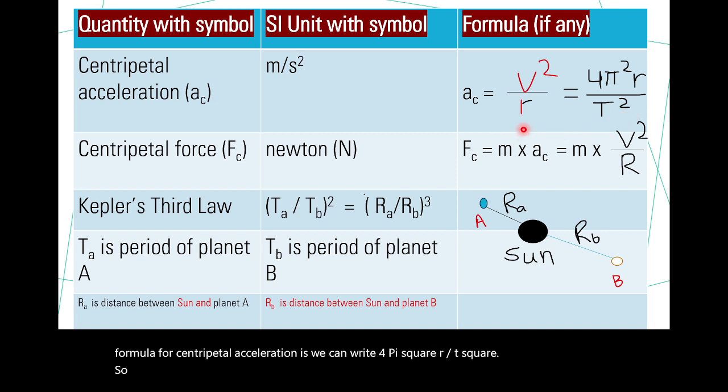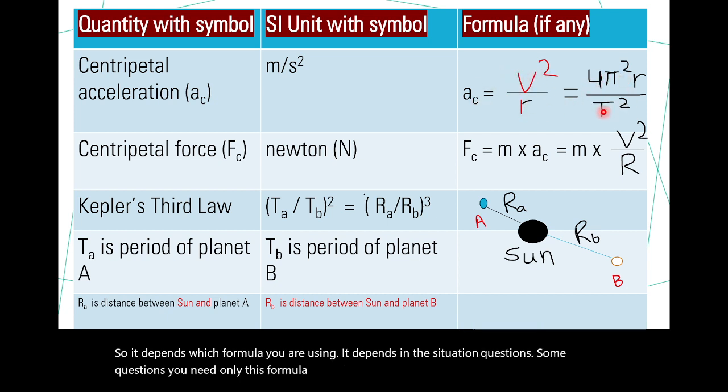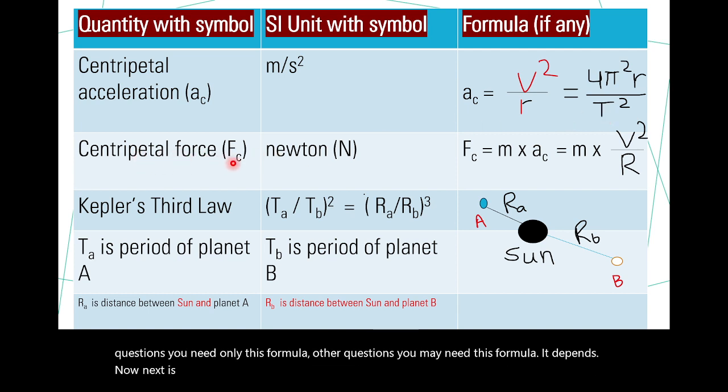It depends on which formula you are using, on the situation and the questions. Some questions need only this formula, other questions may need that formula. Now next is centripetal force.